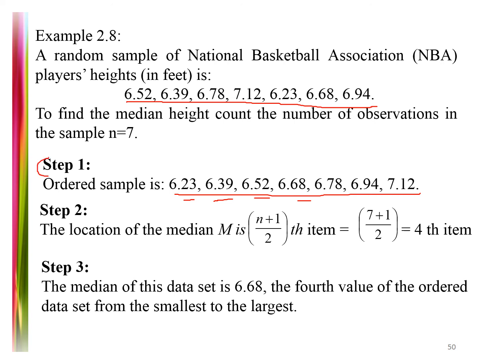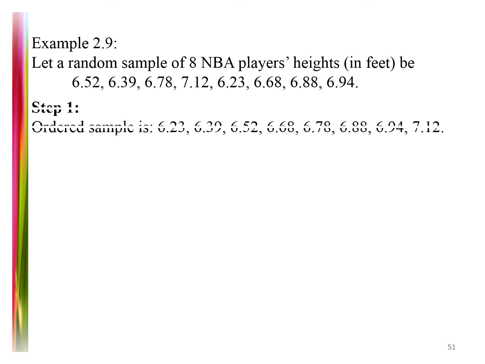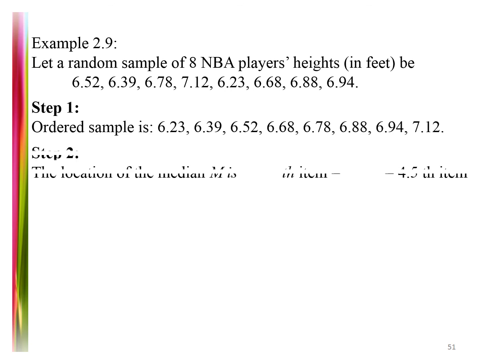Here step 1 is very important. In this case the sample size is 7. Suppose the sample size is an even number, in this case 8. First step, we write down the values in increasing order, then identify the location. The location is 8 plus 1 by 2, which is equal to 4.5.